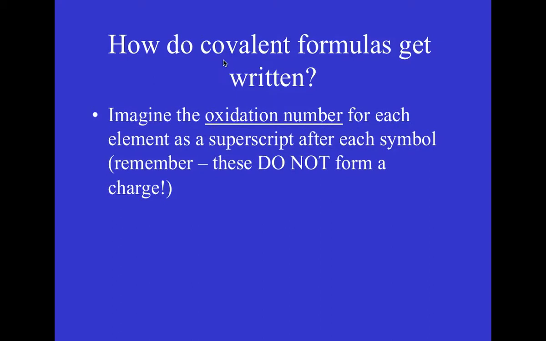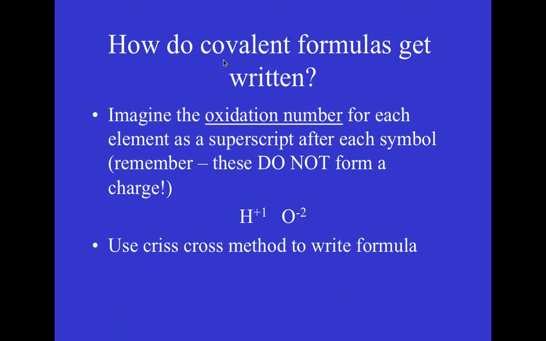Just keep in mind that they're actually not forming a charge here. It's how many they're willing to share. So in this case, it would be a +1 and a -2. And then we use the crisscross method to write the formula. So in this case, I would crisscross, and my formula should look familiar, and it is water.